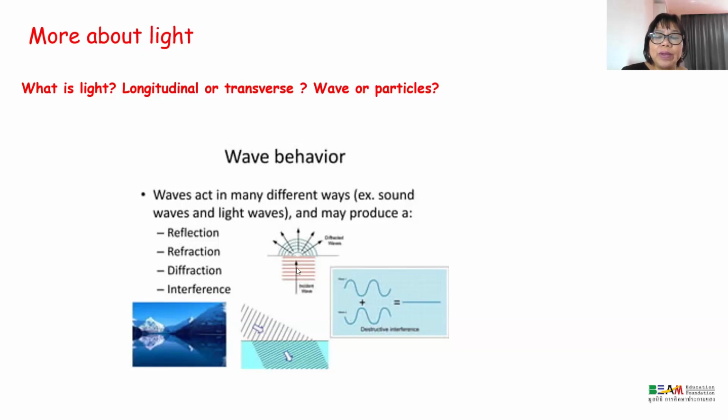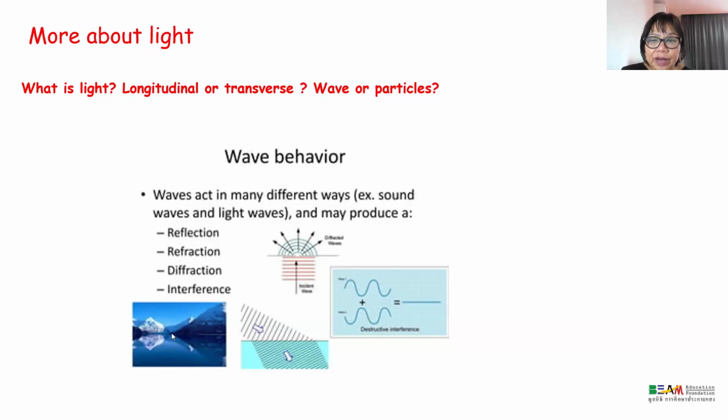Diffraction is when waves come out of a very narrow gap. Let's say we have water waves coming here, and if there is a little gap, they will come out bending. That is called diffraction. I cannot do any demonstration, but you can look for some simulation online. In the lab we have a ripple tank and slits to make the demonstration.